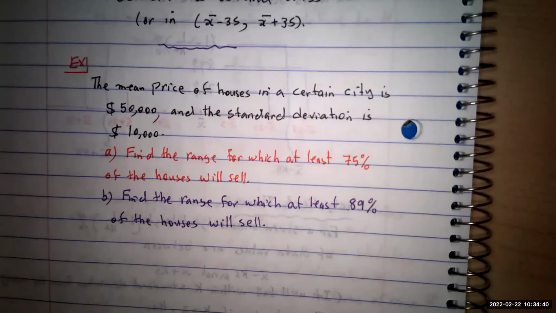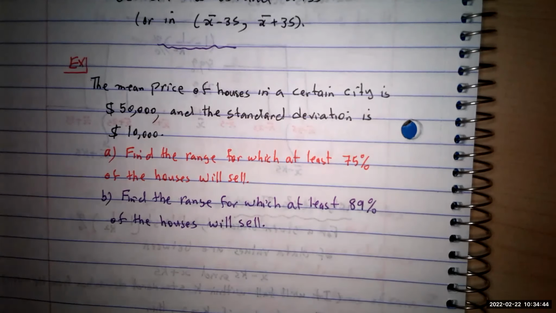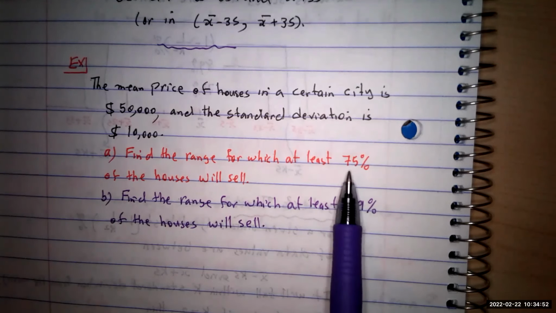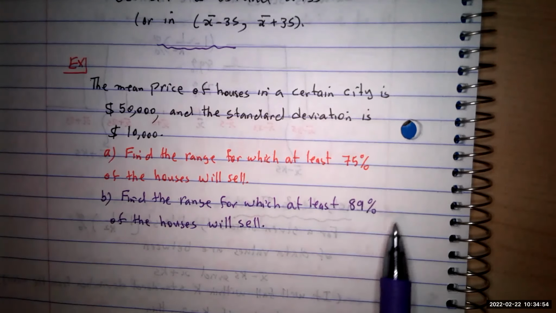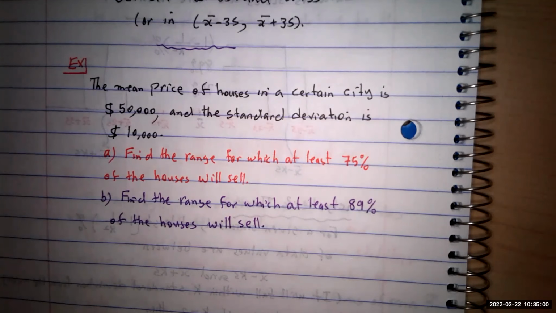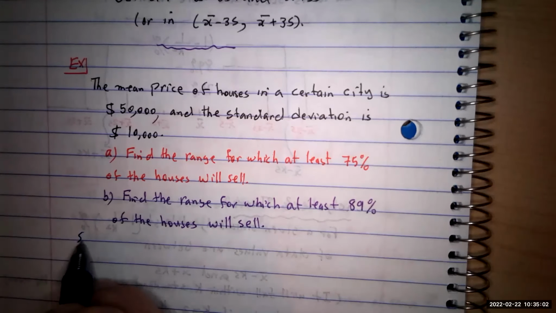Again, you must know, according to the Chebyshev theorem, 89% refers to 3 standard deviations from the center. So that range would be X bar minus 3s and X bar plus 3s. So 75% refers to K equal to 2, 89% refers to K equal to 3, and we substitute, we get the result right away. Any question?